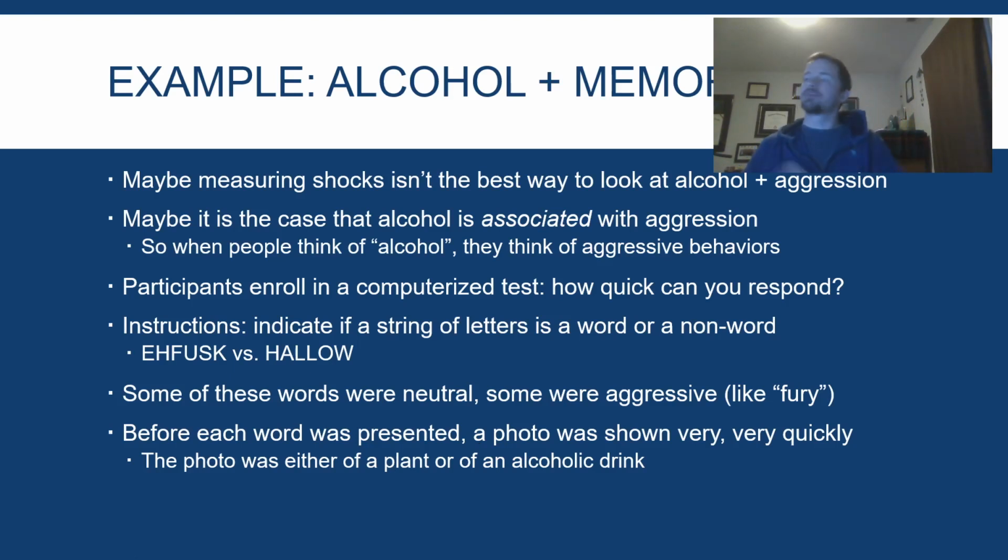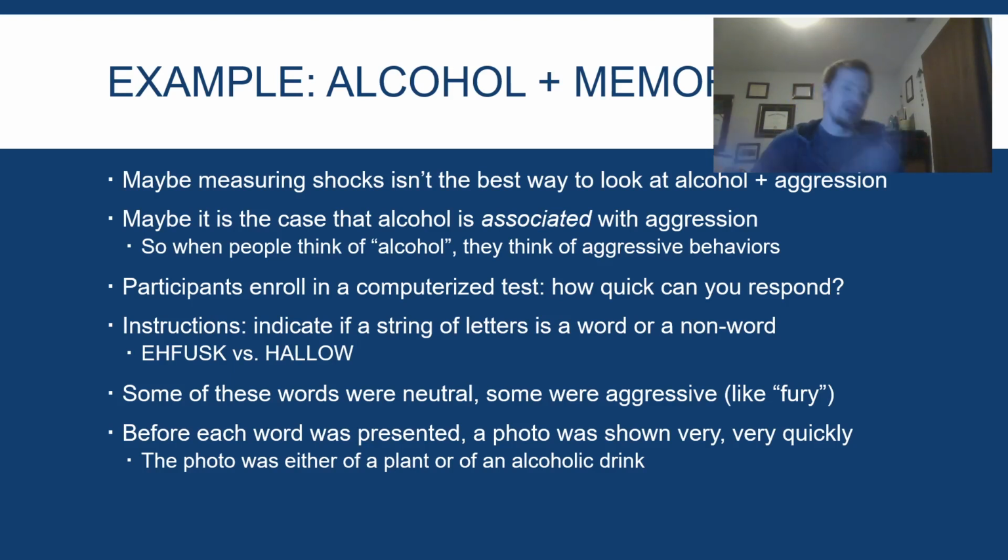So if you haven't taken cognitive psychology, if you haven't learned about this stuff, this is what's called priming. The idea that what the research shows, in these cases, is that whenever someone is shown something like alcohol, they're going to be faster at responding to words that are associated with alcohol than if you were to show them something that was unrelated.